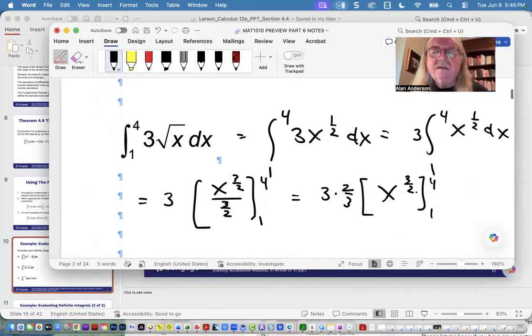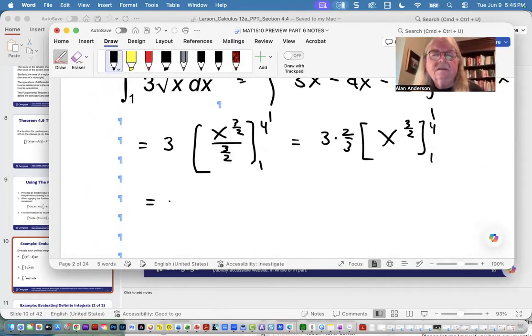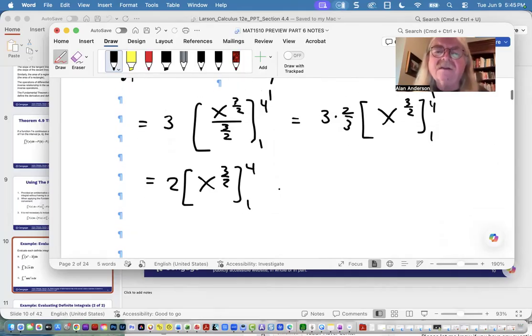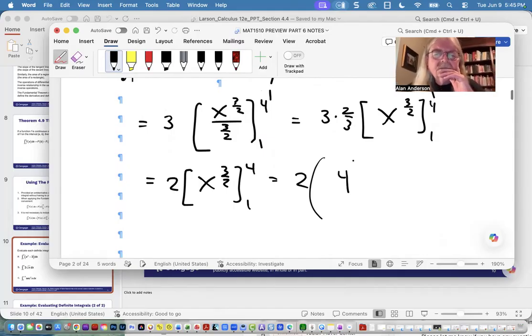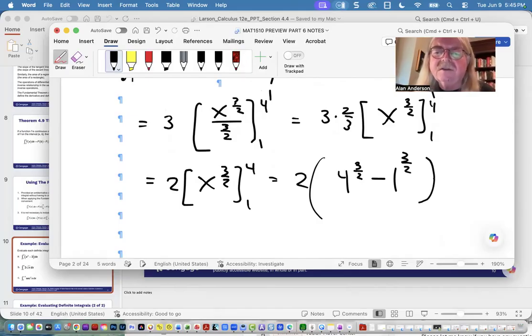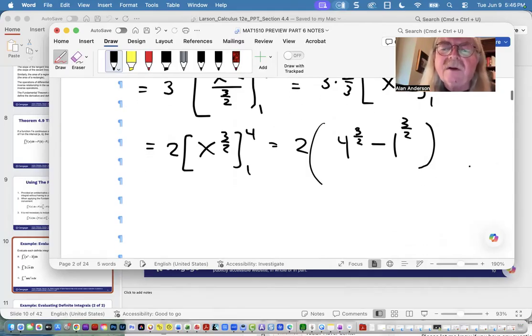So I end up with 2x to the 3/2 evaluated between 1 and 4. And again, we can write this in a couple of different ways. 4 to the 3/2 minus 1 to the 3/2. Well, that's easy because it's just 1. What is 4 to the 3/2 power?